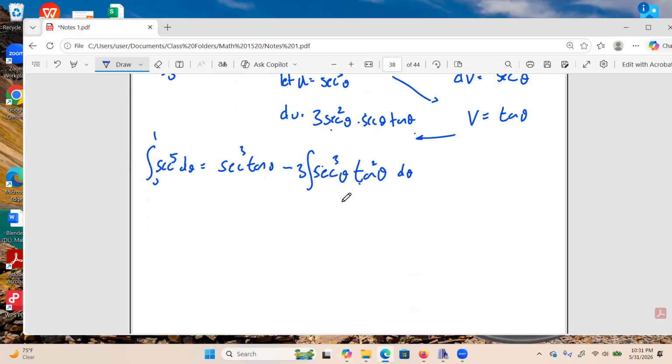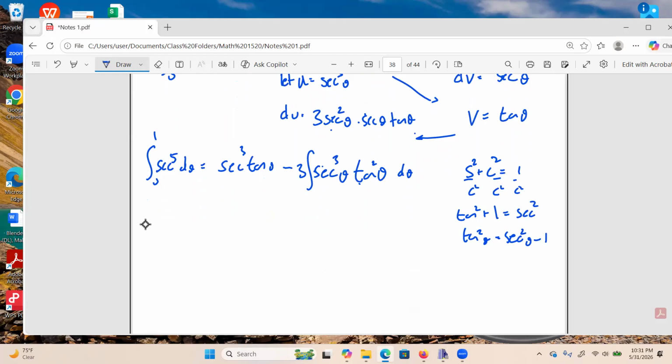So next thing we're going to do is say, wait a minute, tangent, fancy way to write tangent. We have sine squared plus cosine squared is equal to 1. Divide everybody by cosine squared. We have tangent squared plus 1 is equal to secant squared. So tangent squared is equal to secant squared minus 1. Let's go ahead and replace that.